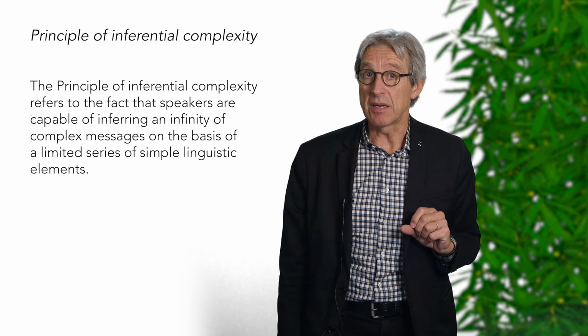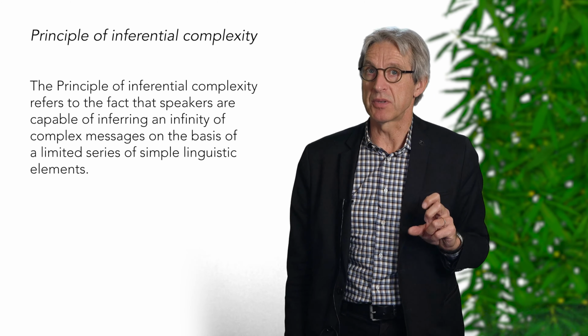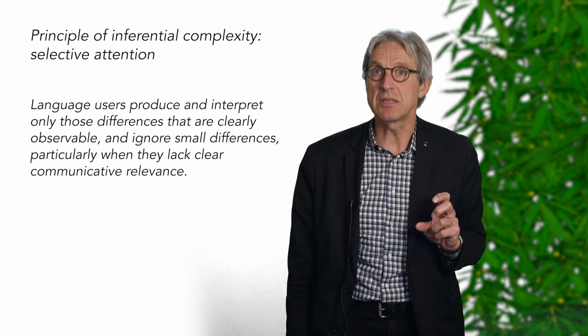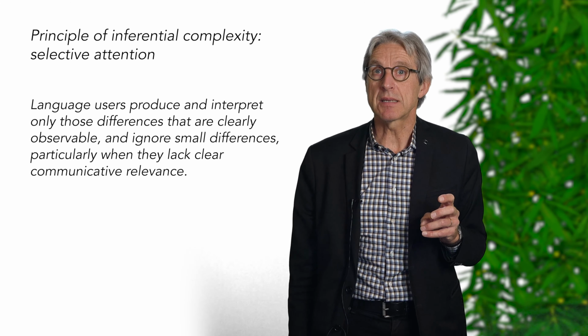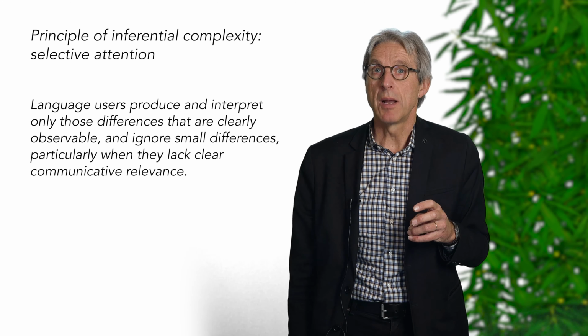We have again two sub-principles. The one of selective attention, which implies that language users produce and interpret only those differences that are clearly observable and ignore small differences, particularly when they lack clear communicative relevance.